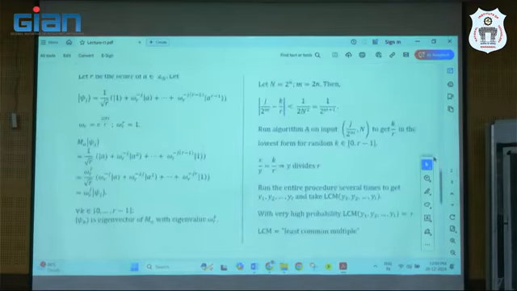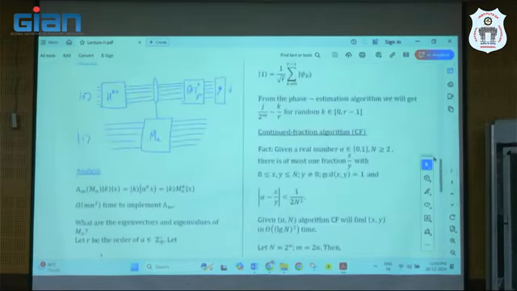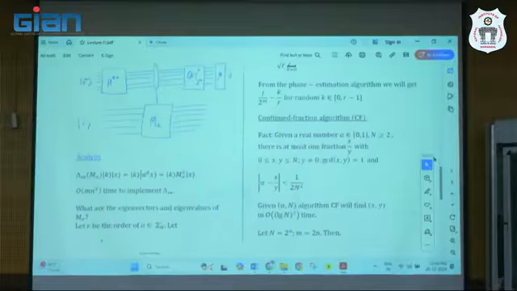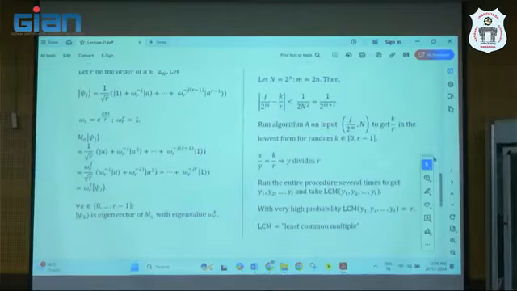So now what are the eigenvectors and eigenvalues of MA? Let r be the order of A. We found that this vector here, psi j, is an eigenvector of MA with eigenvalue omega subscript r superscript j.